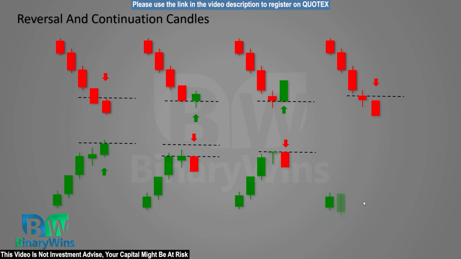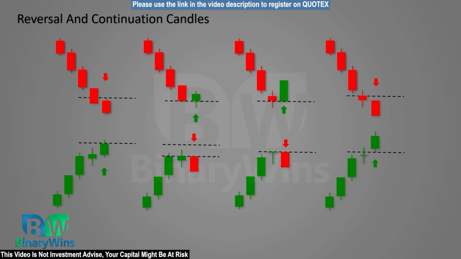And if in the same trend a doji candle is formed with a distance from the level, there is a possibility of continuing the trend.